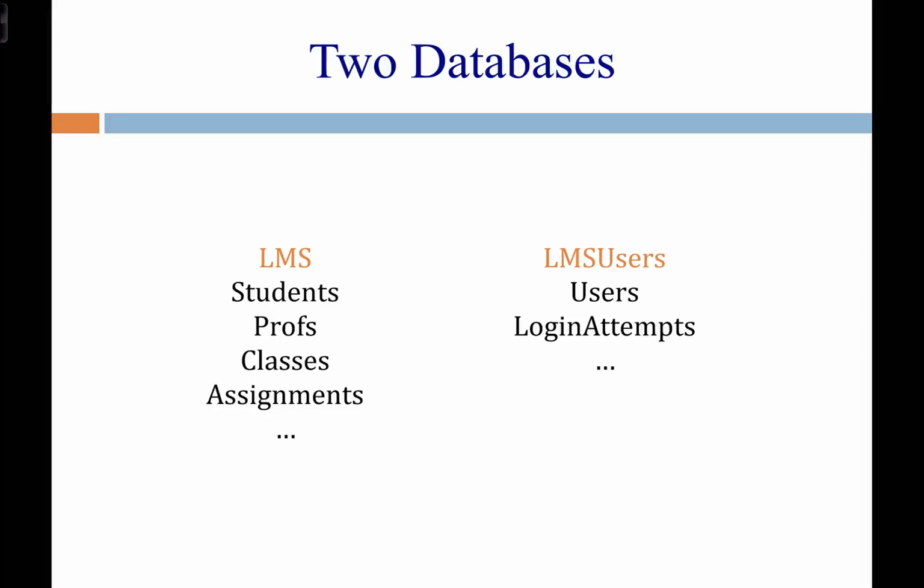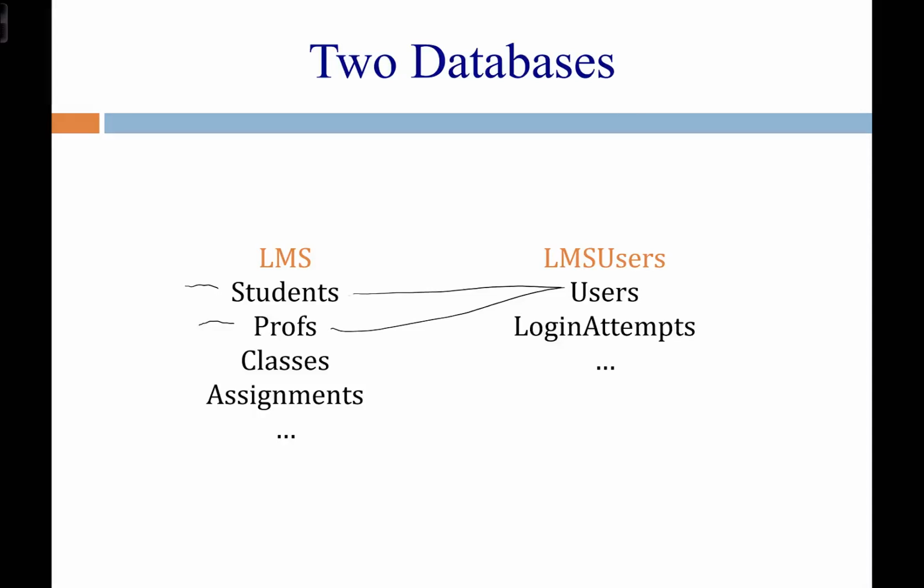Then there's a separate database, LMS users, which has just information about logging in and accounts. So there is some connection between these two databases because students are users, professors are users, but these have a specific meaning and they have specific different relationships with other entities in the LMS tables.